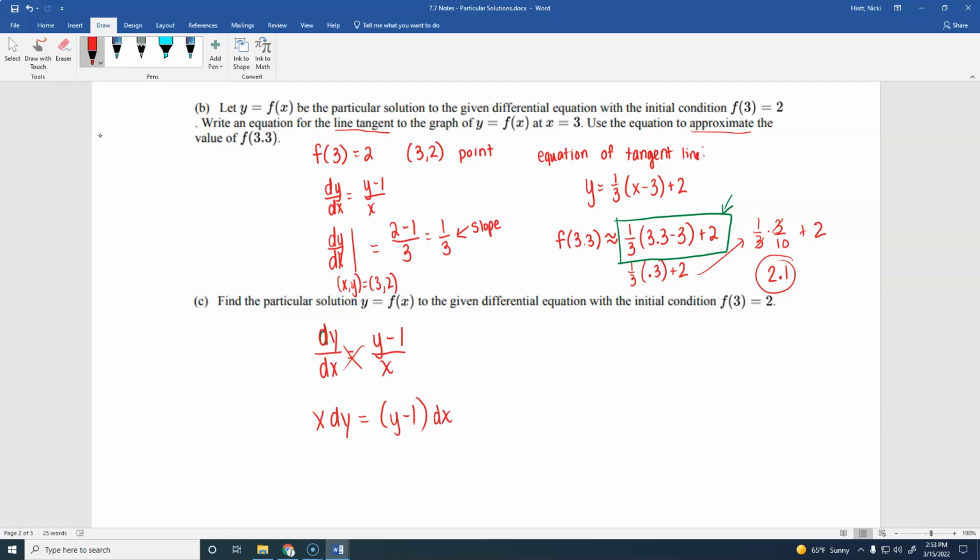And so we're going to have to divide this side by x to get rid of the x, and then divide this side by the y minus 1. So we're going to have dy over y minus 1 equals dx over x.